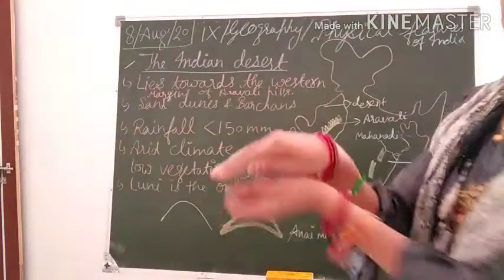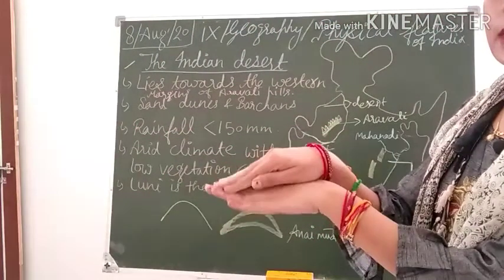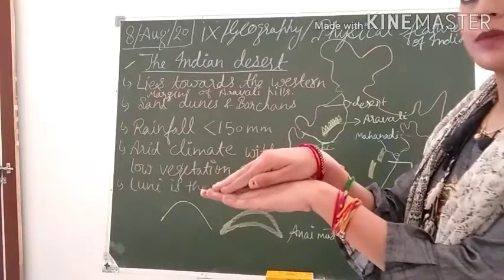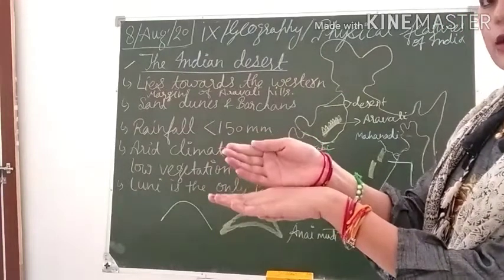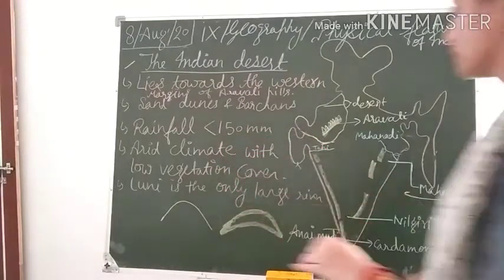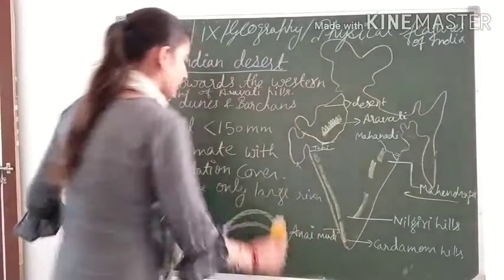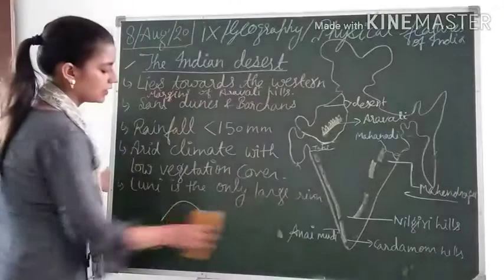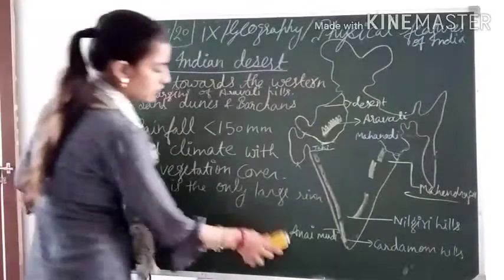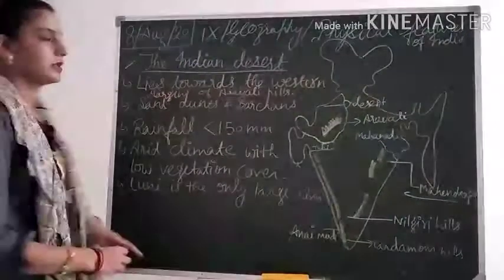This kind is known as sand dunes, but barchans would be concave, in a concave shape. So these are also prominent over here.